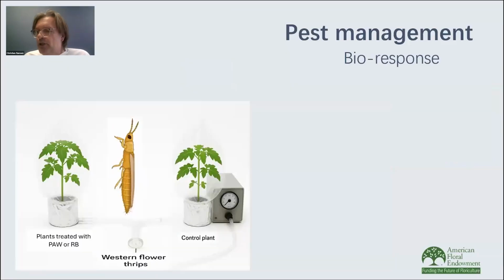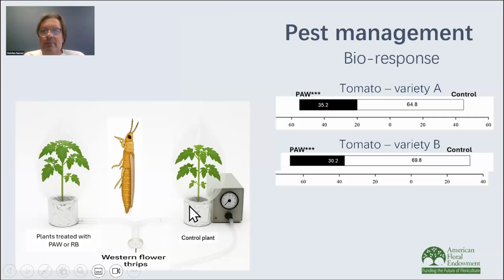So when we do something very similar with Western flower thrips, which is what we're looking at here, and this is what a visiting scientist from China, Ning Li, is working on, we are basically seeing the same thing: again, when we expose them to choices, they do not like them.